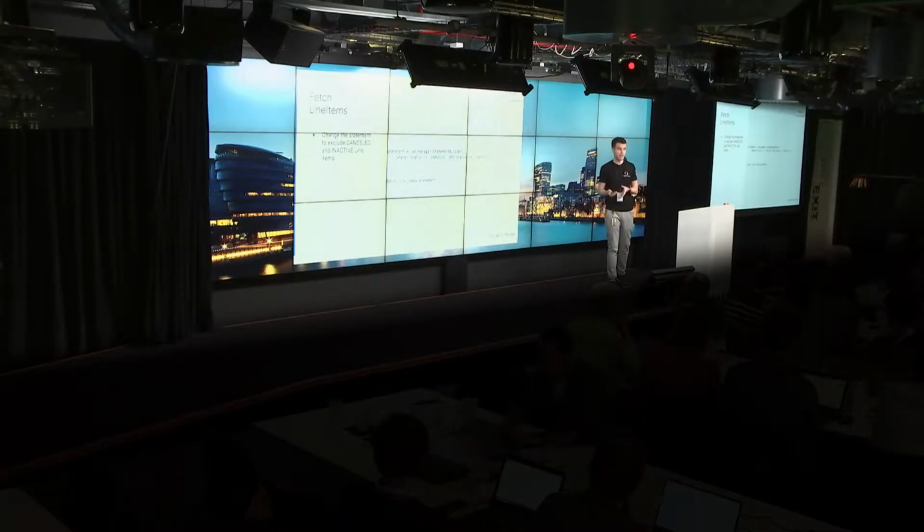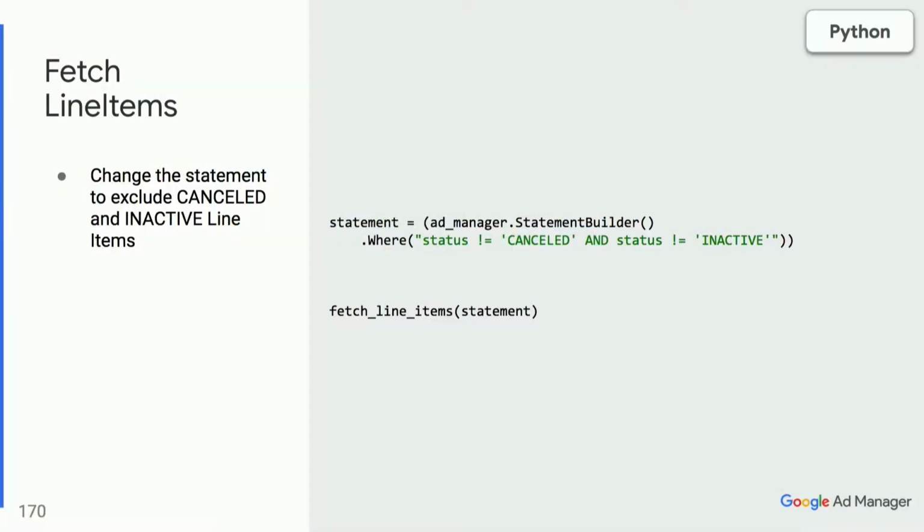Still, though, there are options for how to decrease the number of line items you're fetching. Something as simple as adding a where clause that excludes canceled line items or inactive line items can be another really good way than just naively fetching all of your line items every time.